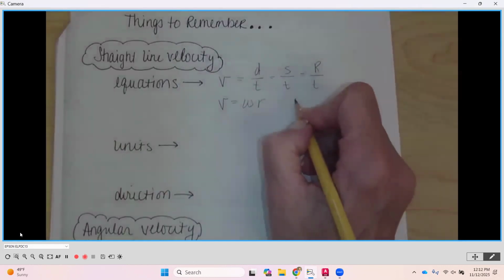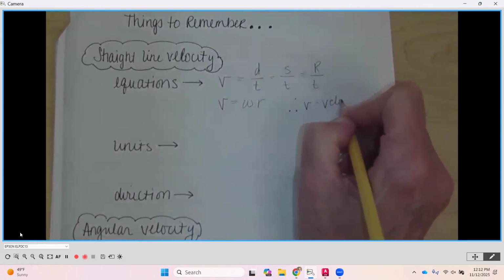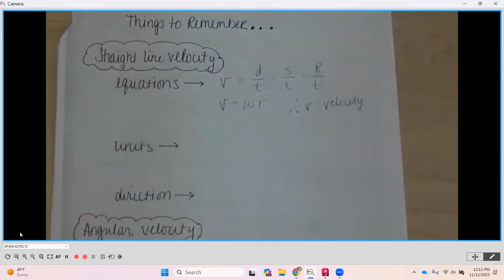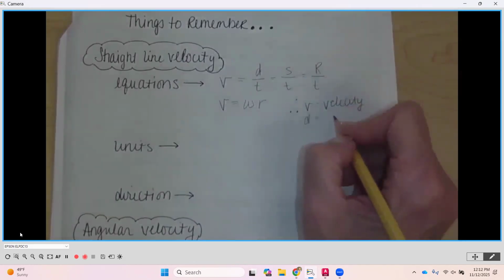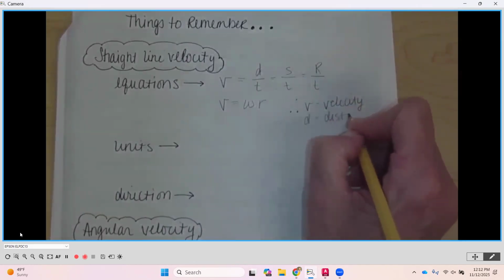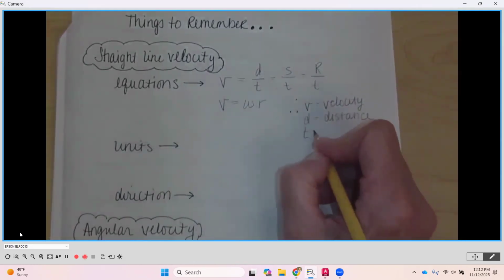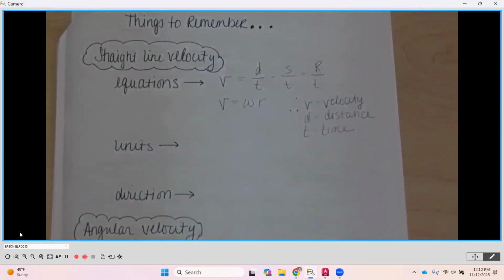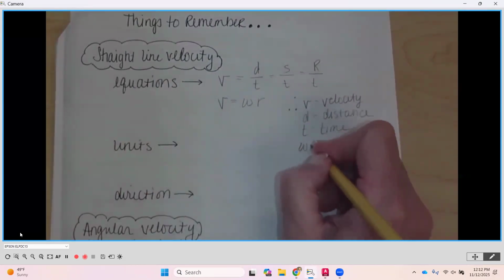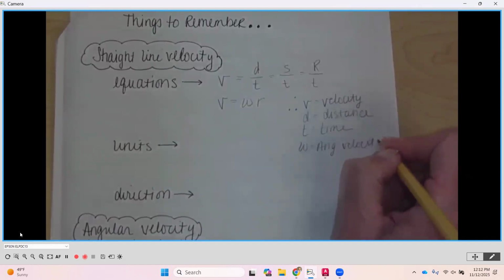Okay, so we could say where V is equal to velocity, D, S, and R are equal to whatever distance we're dealing with. T is equal to the amount of time, right? As we kind of look at the variables that we have here, our W is angular velocity, okay?